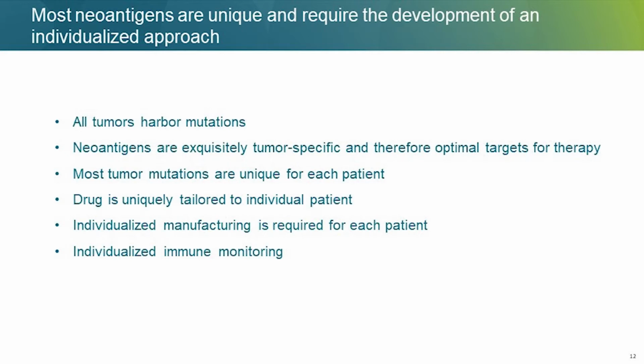The major issue is that most tumor mutations are unique for each patient, which means that we have to develop a drug that is uniquely tailored for each individual. We have to develop an individualized manufacturing for each patient. And we also need to tailor an individualized immune monitoring. So that's a lot of hurdles.